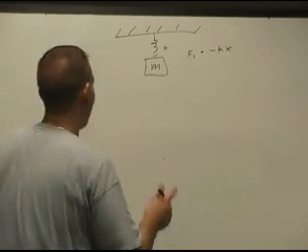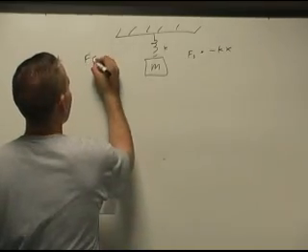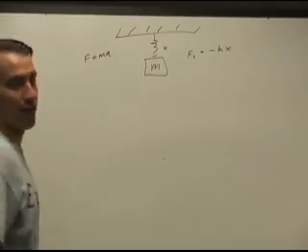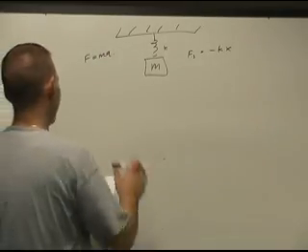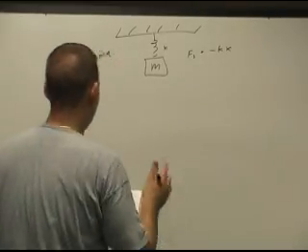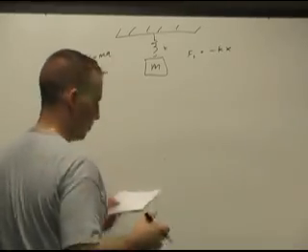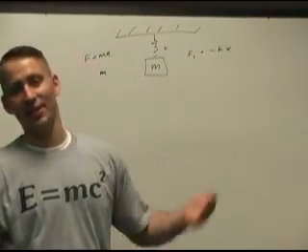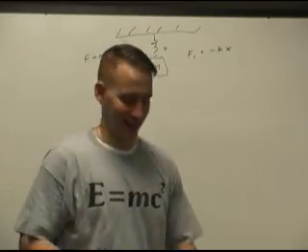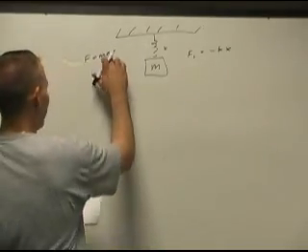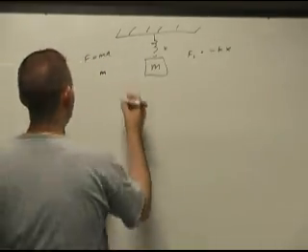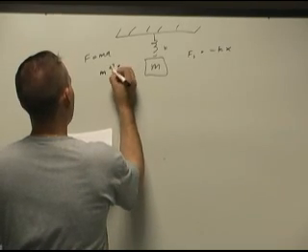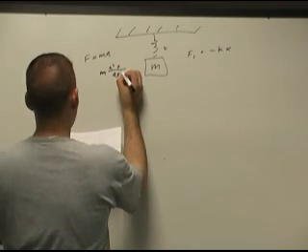And here you also need to know one of Newton's laws, F is equal to ma. In this case, ma you can do as m times the second derivative of position. The first derivative of position is velocity. Second derivative of position is acceleration. So you can convert acceleration into the second derivative of position with respect to time.